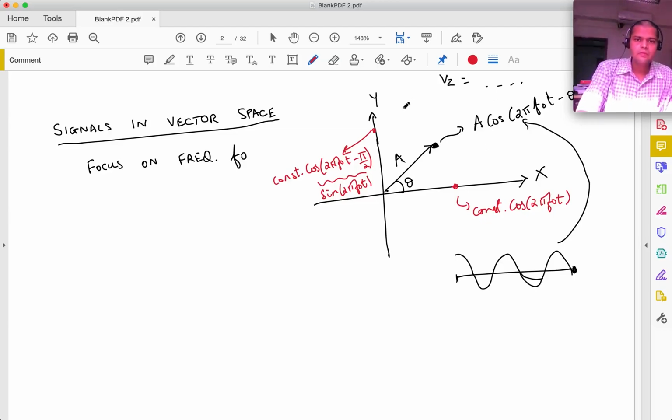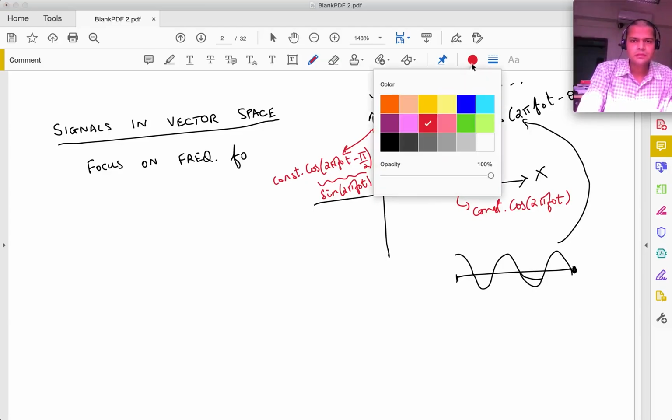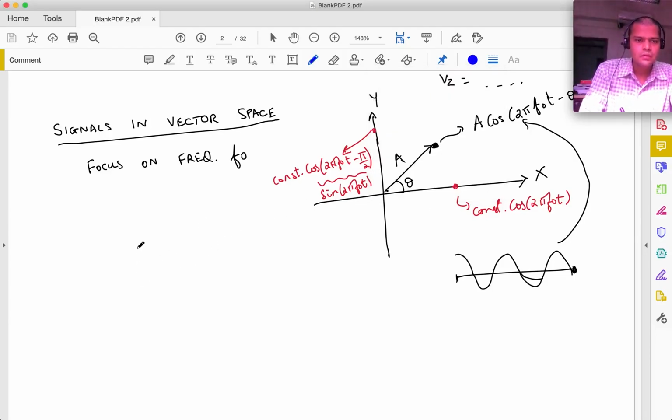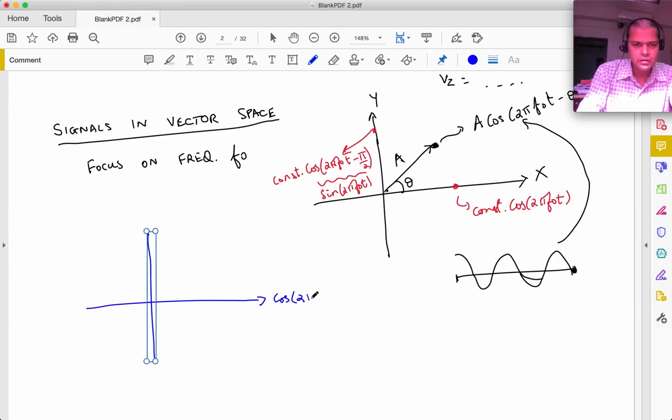Effectively what we've ended up with is a vector space where we have an x component which corresponds to cosine, and a y component corresponding to sine wave, sine 2 pi f0 t.